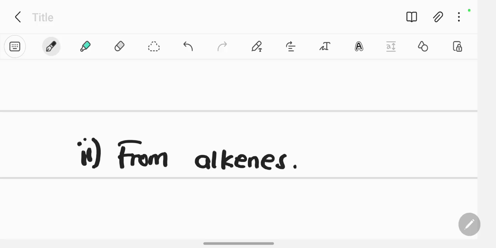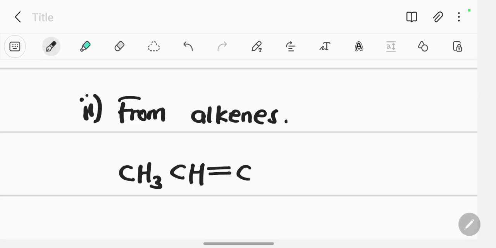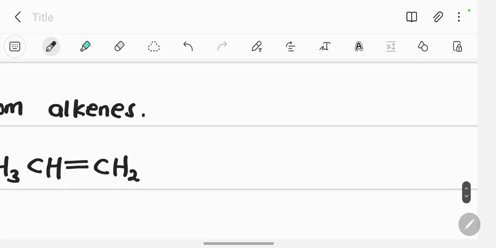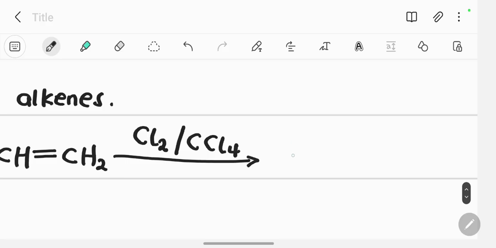So when you're moving from alkenes, we shall take an example of CH3, CH, double bond there, CH2, and when I put there my chlorine and my solvent, carbon tetrachloride, I end up with a vicinal dihalide, CH3.